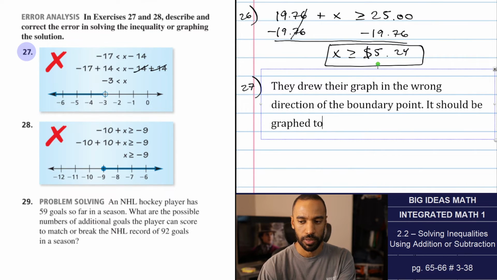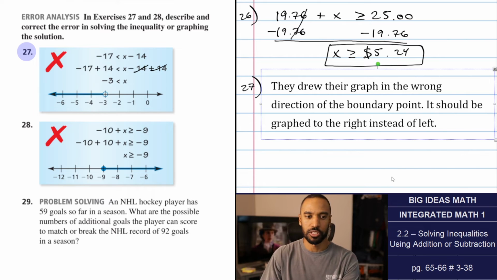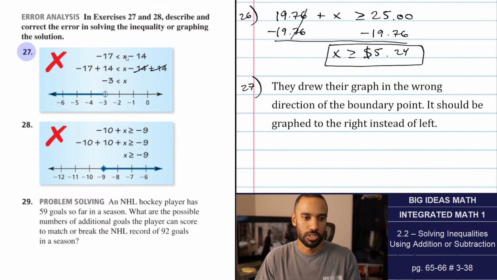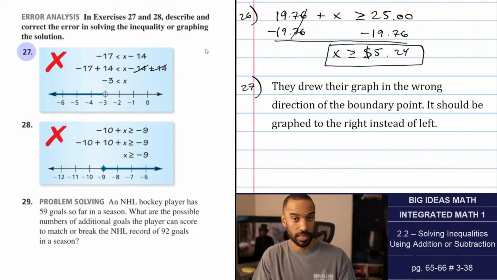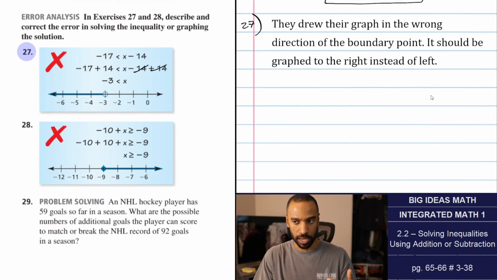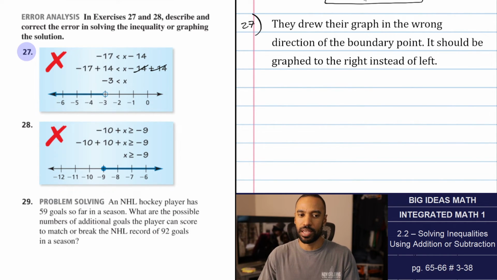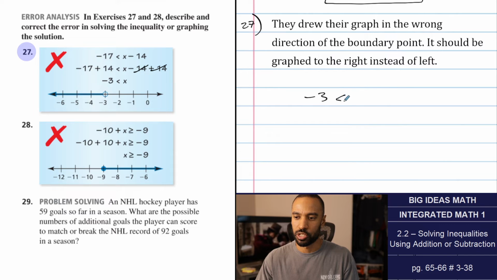Now, there's some things we can do for that. You could have tested 0 in the original. If I plugged in 0, it would say negative 7 is less than negative 14, and that's true. That means 0 should work as part of your set. Well, 0 is over here. Now, my correction is I'm going to take my negative 3 is less than x.